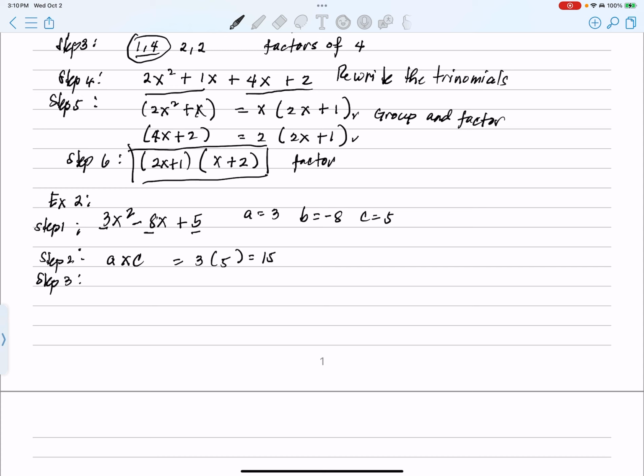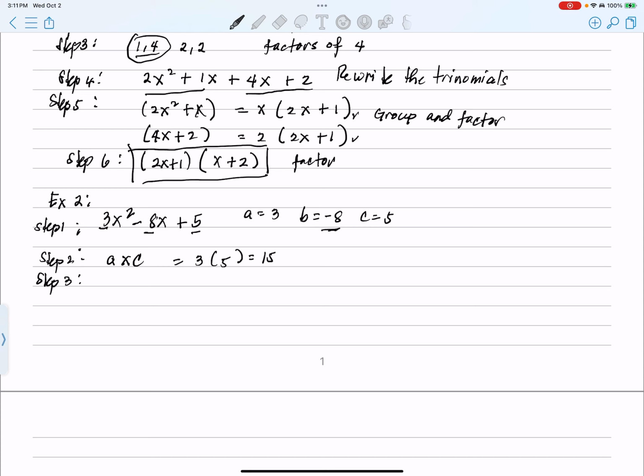Make a list of factors that will give you 15. List of pairs of numbers that will give you 15. Now take note that our middle term is negative 8. That means we have to consider the negative factors this time.